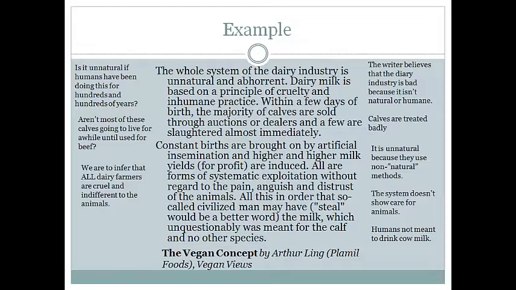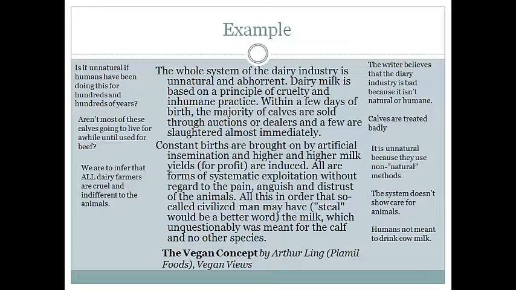Dairy milk is based on a principle of cruelty and inhumane practice. Within a few days of birth, the majority of calves are sold through auctions or dealers, and a few are slaughtered almost immediately. So we can tell here that this person is clearly not a fan of the dairy industry, talking about dairy milk.